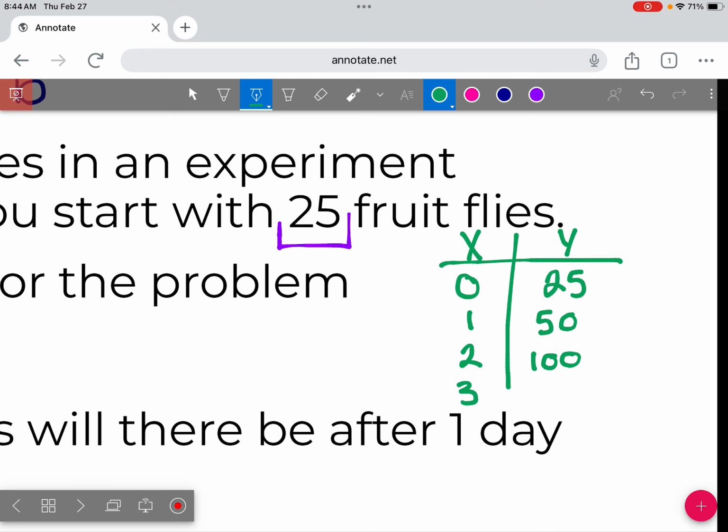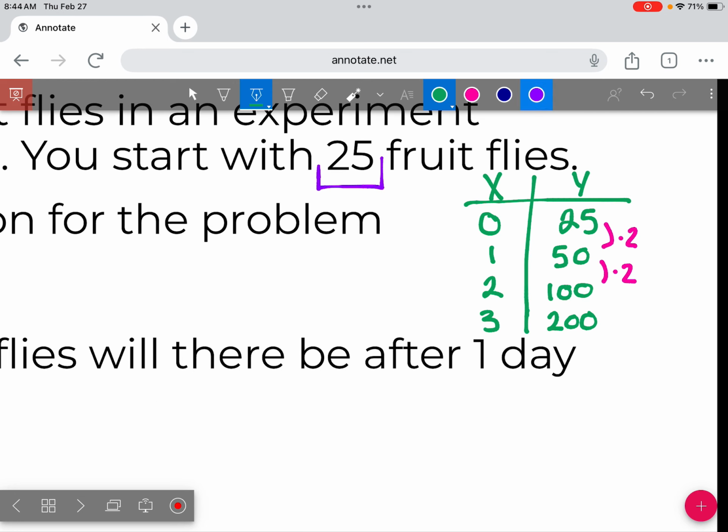If I go another hour, how many are we going to have? 200. Because these are going to go times 2, times 2, times 2. So we'd have 200. They're growing a lot, really fast.